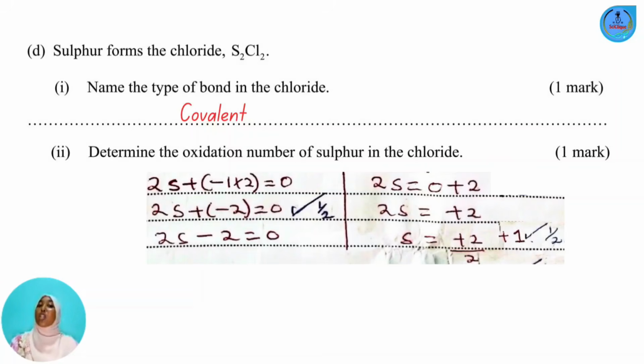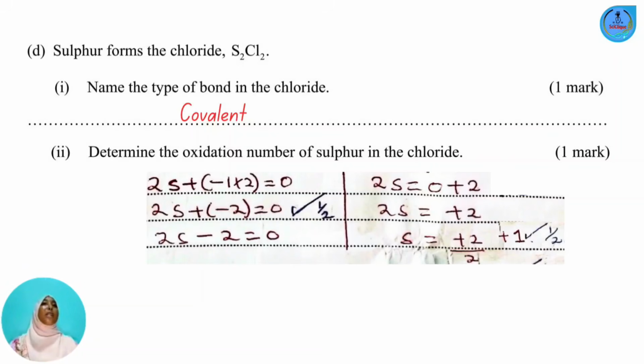Ndio maana hatuna any charge associated with the compound. Okay, let us start. I'm sure it will be clearer as we go. Sasa tumesema the oxidation number overall is 0. Now, chlorine can have multiple oxidation numbers.